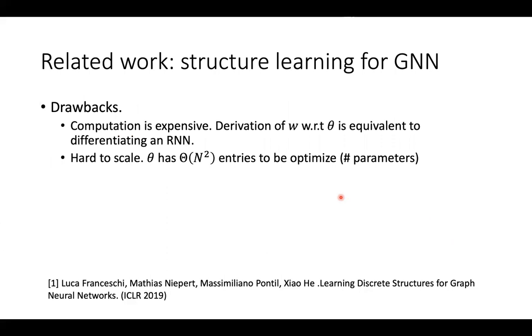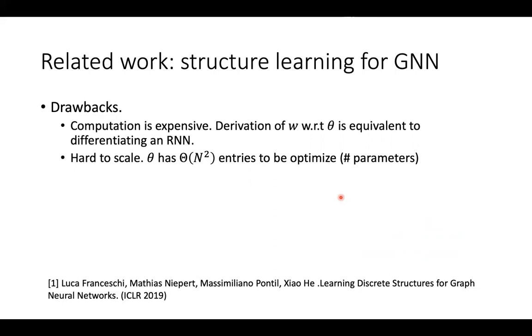However, the current solutions have mainly two drawbacks. Firstly, the computation is expensive. When we do the backpropagation of W with regard to theta, it is equivalent to differentiating an RNN, because each W is updated by a sequence of sampled graphs. Secondly, if we look at the number of parameters, for the GNN, W is always what we want to learn.